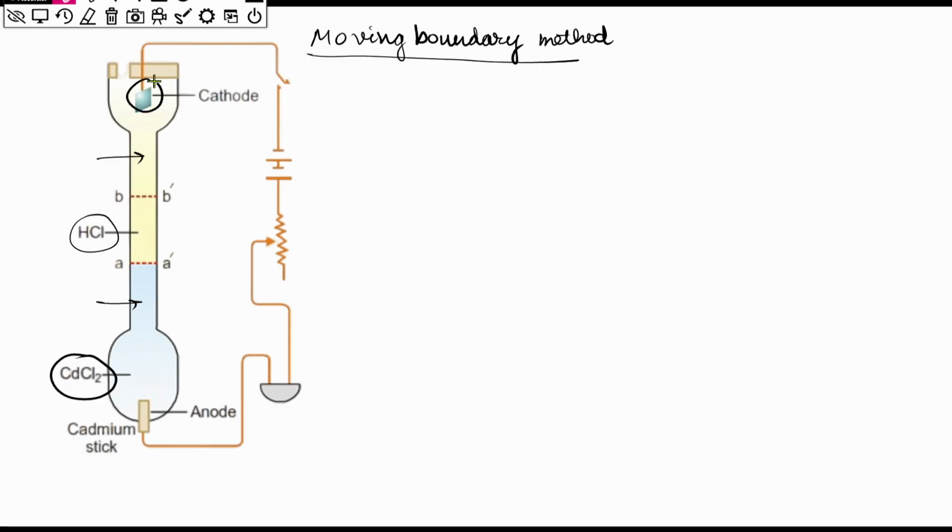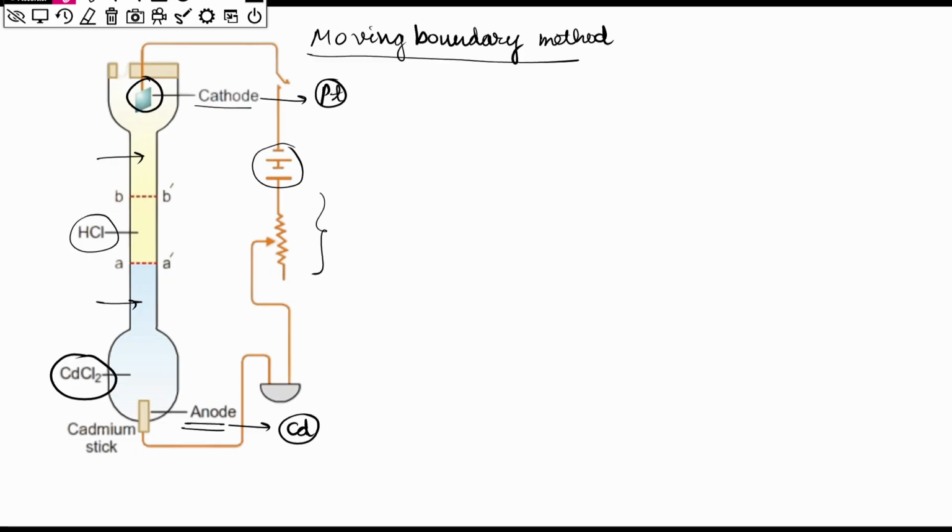Then there is one electrode, the cathode, which is generally made of platinum, and here we have the anode, which is made of cadmium itself. So the cadmium chloride solution is here, the HCl solution, then the platinum, then the cadmium. Here we also have a battery connected externally and a coulometer connected to determine the amount of charge carried by the solution.